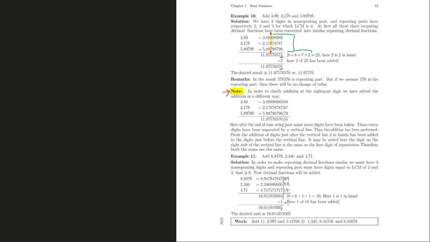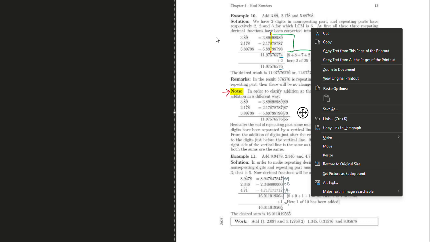What's going on here is that they have taken 6, the LCM of the repeated numbers, which is 6.